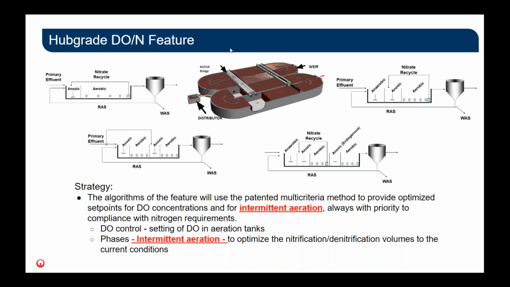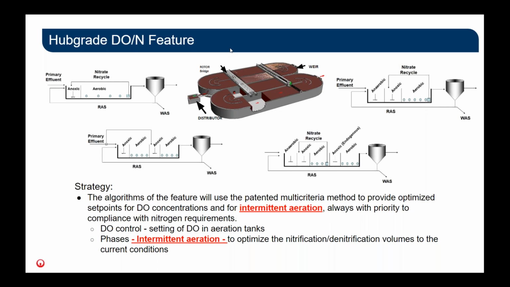So digging into the DO and nitrogen feature, one core general theme here to keep in mind is this is applicable really in any kind of secondary treatment facility that is operating with activated sludge. The features are also applicable to MBBR type systems as well.